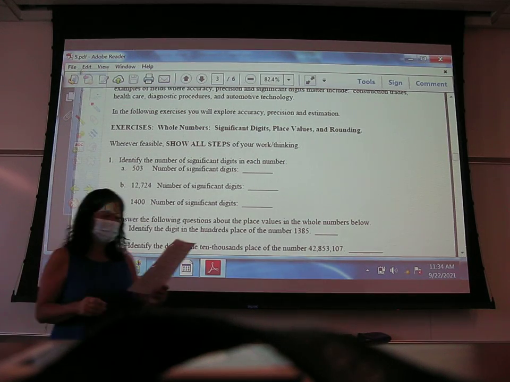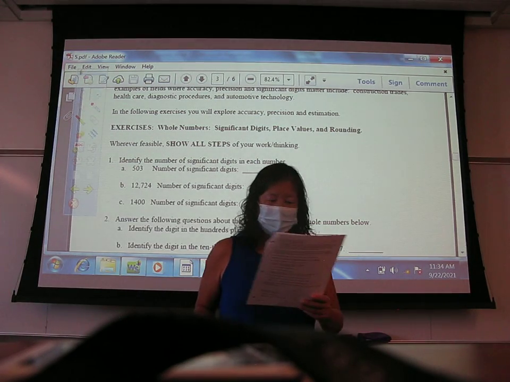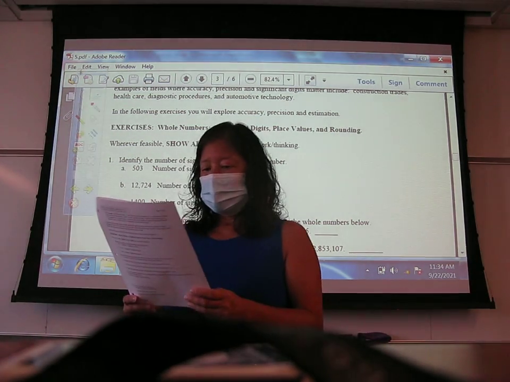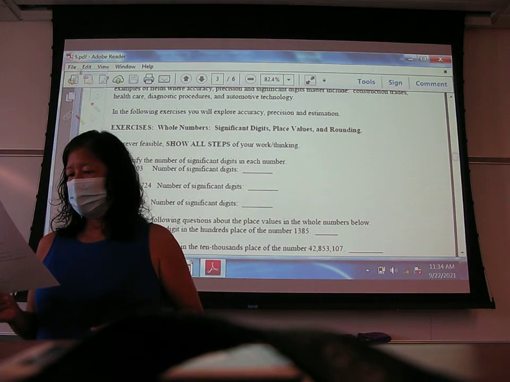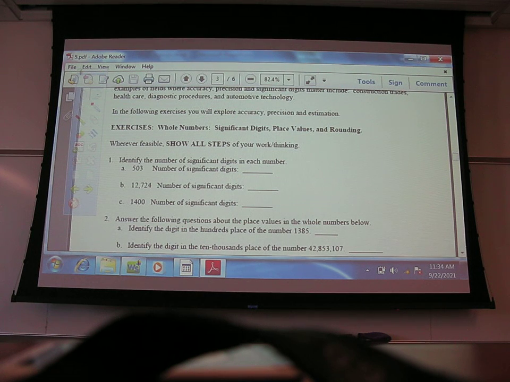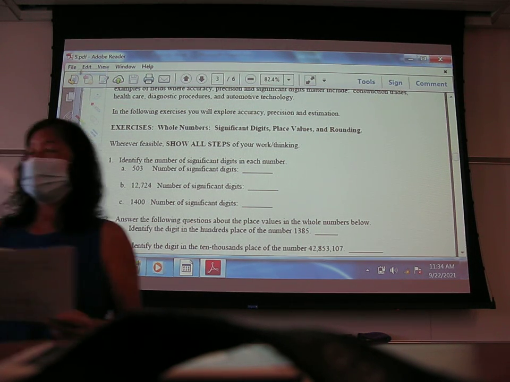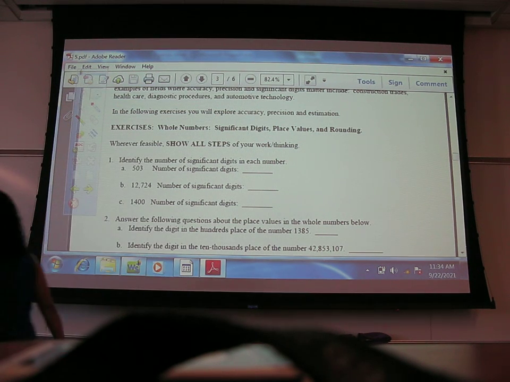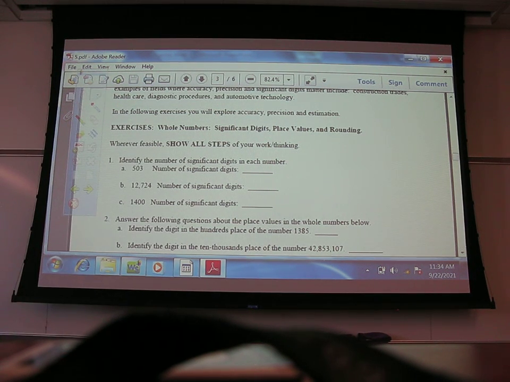So looking at the bottom of page 2, significant digits. A second numerical type of precision has to do with the number of significant digits you have in your measurement. A measurement of 2.5 centimeters has 2 significant digits.